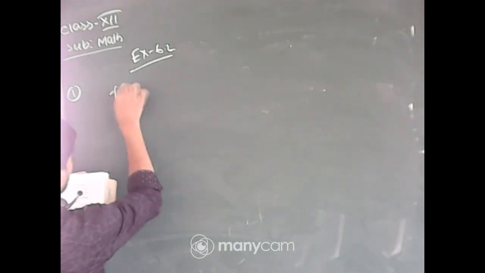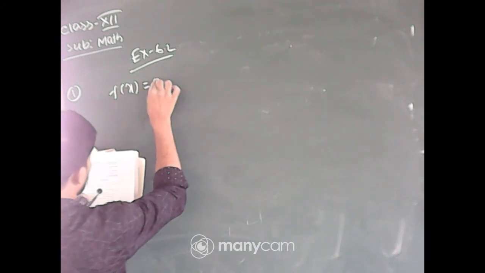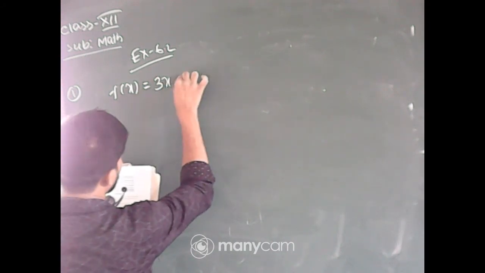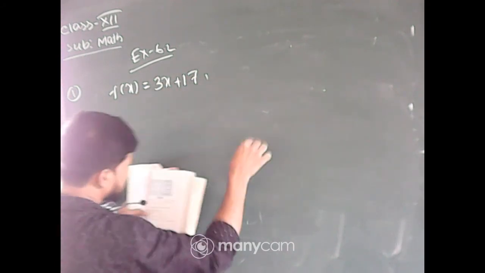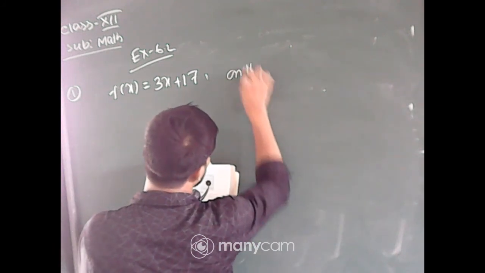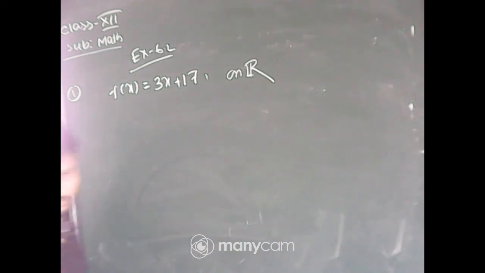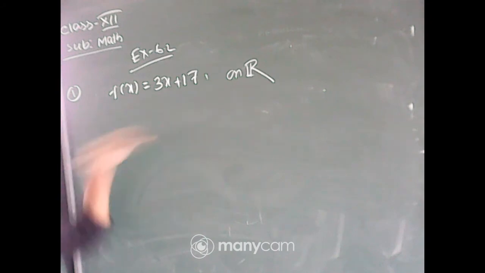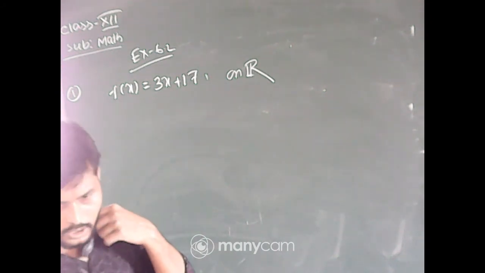From question number 1, the first question is to show that the function f of x is equal to 3x plus 17 is a strictly increasing function on the real numbers R. So check whether this function is increasing or not.